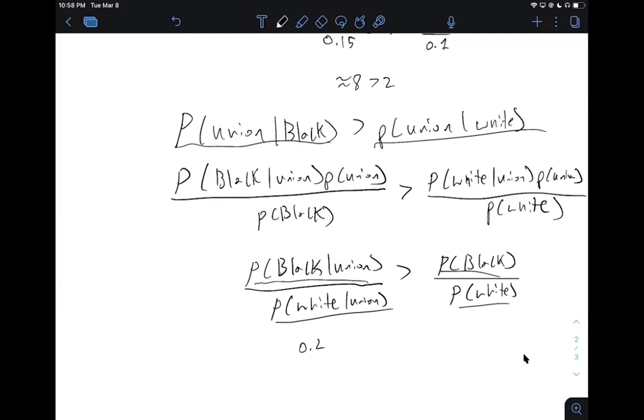Oh, sorry, I was messing this up. So the probability that you're black given that you're a union member, we actually didn't compute that already. But let's just say that it's something like 0.25. Let's say that this then is 0.75 or something.